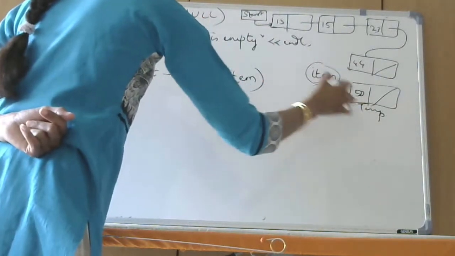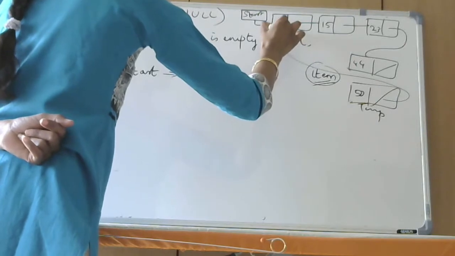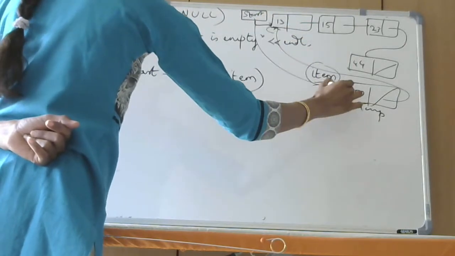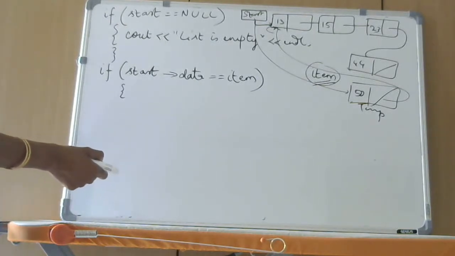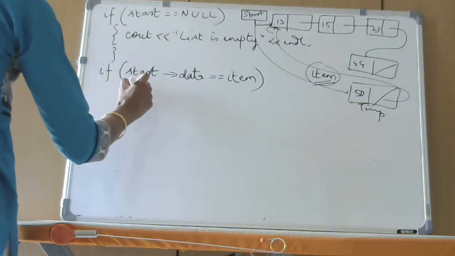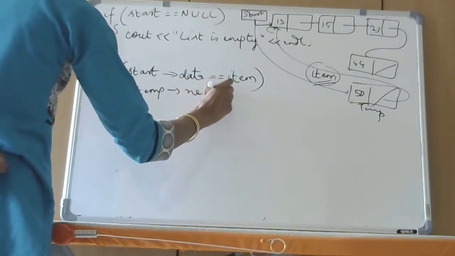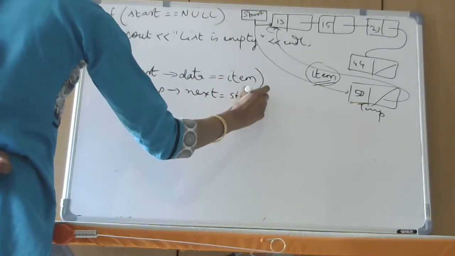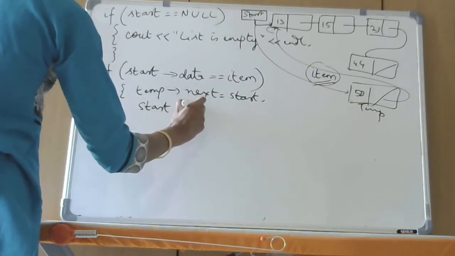So this has to come here and point here, and start will become this one, similar to what we did in the last function. So what can I write? Temp of next will be start. Then temp will become the new start.